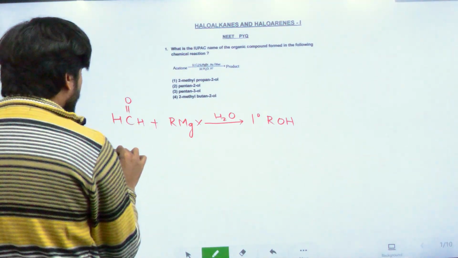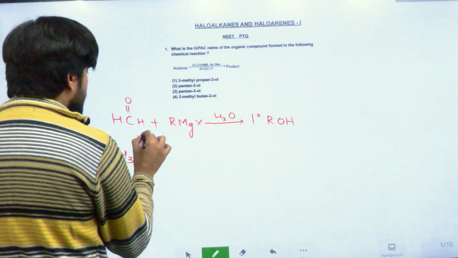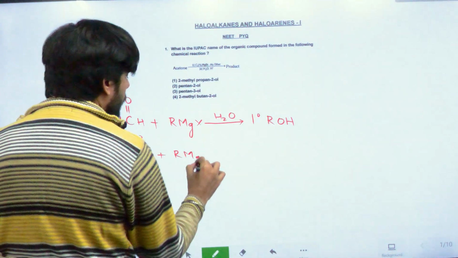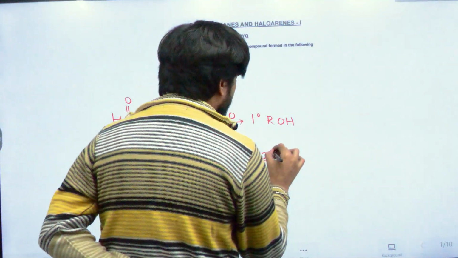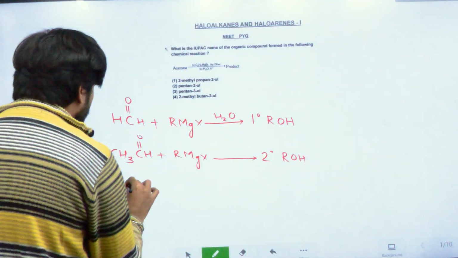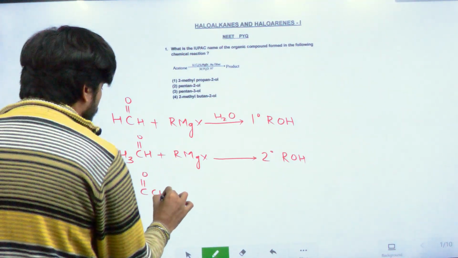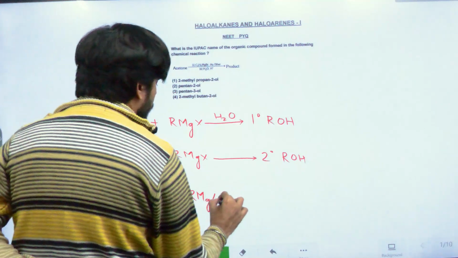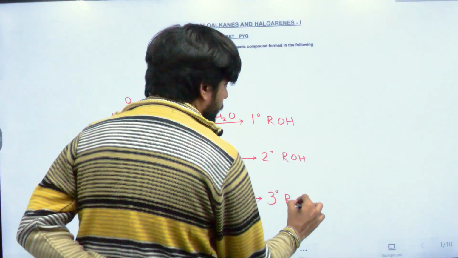The reaction of aldehydes other than formaldehyde, say acetaldehyde, with Grignard reagent followed by hydrolysis gives 2-degree alcohol. And the reaction of ketone with Grignard reagent results in the formation of 3-degree alcohol.